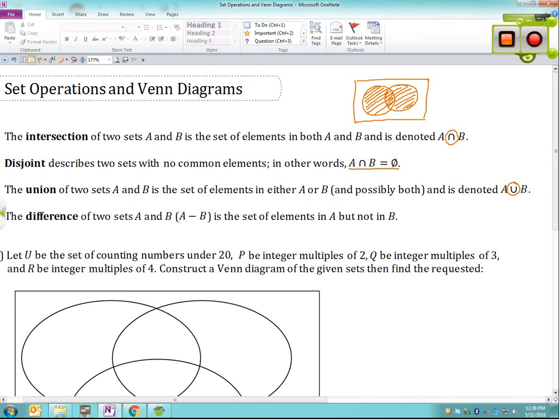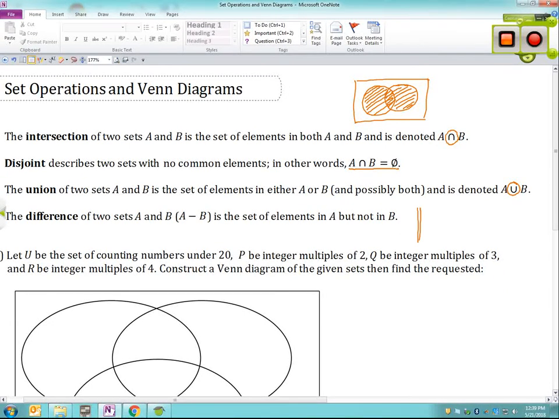Okay, and then the difference of two sets, if we are subtracting sets, and here the order does make a difference. If it is A minus B, then we get all of the elements that are in set A but not in set B. That doesn't mean we can't do B minus A, that just means we're indicating a different region, okay?